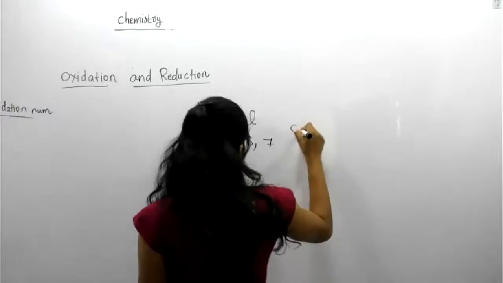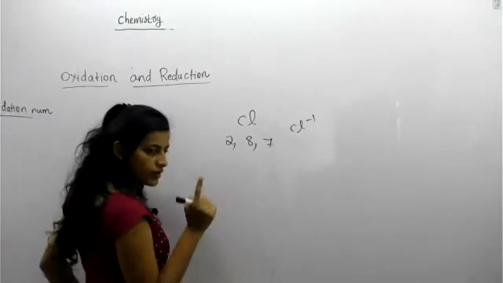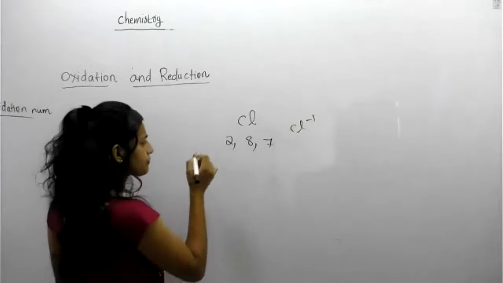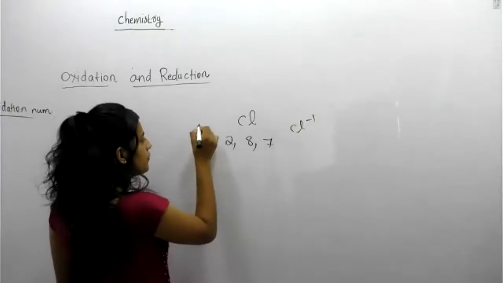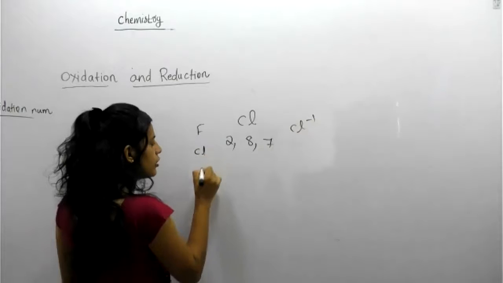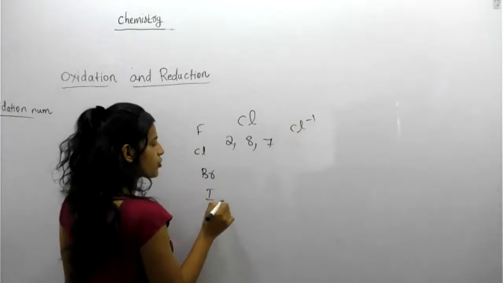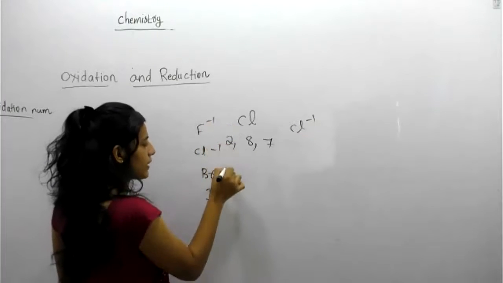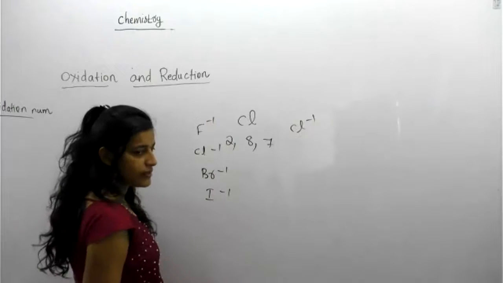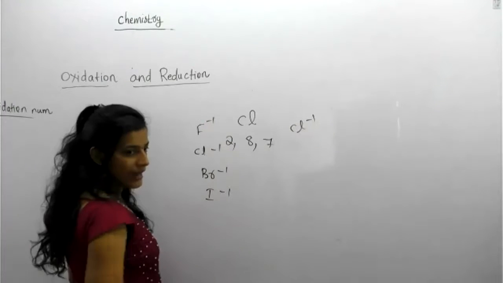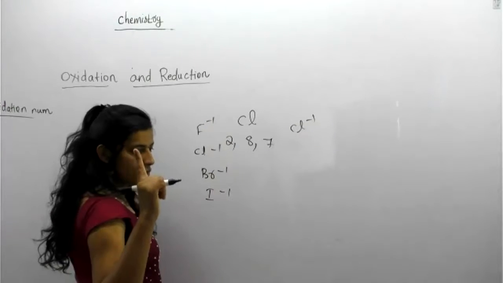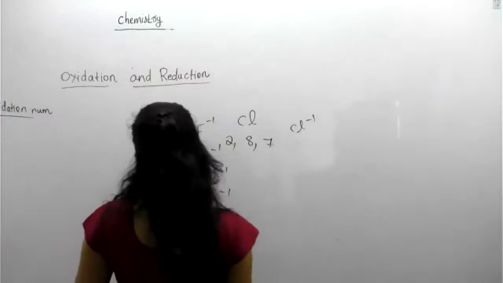So most of the halogens, what are the halogens? Fluorine, chlorine, bromine, iodine. In most cases they are minus 1, minus 1, minus 1, minus 1, because they have the tendency to accept an electron, meaning 1 electron only. That's why. Okay, so halogens are over.